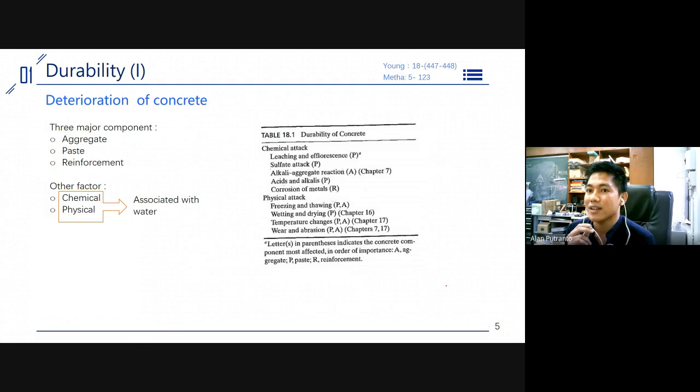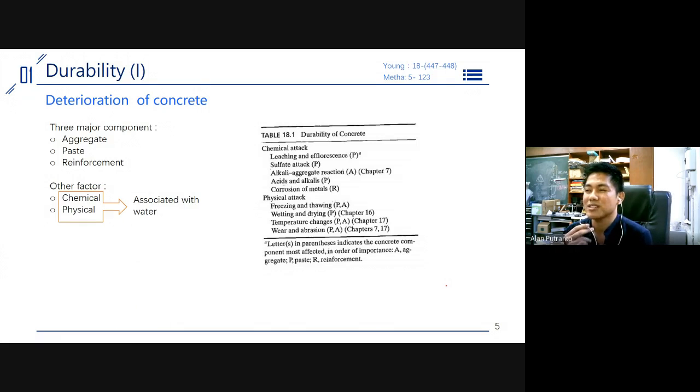Okay, next, I will continue to the deterioration of concrete. As we know, the major components of a concrete structure are aggregate, and then paste, and then reinforcement. That's special for reinforced concrete structures. But on the other hand, we have other factors that can deteriorate our concrete. That is chemical factors and then physical factors. Both factors actually associate with water.